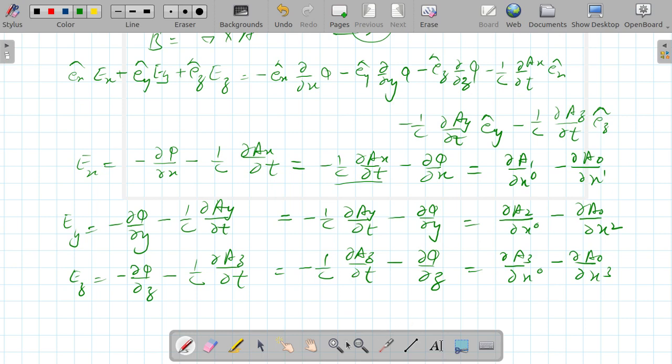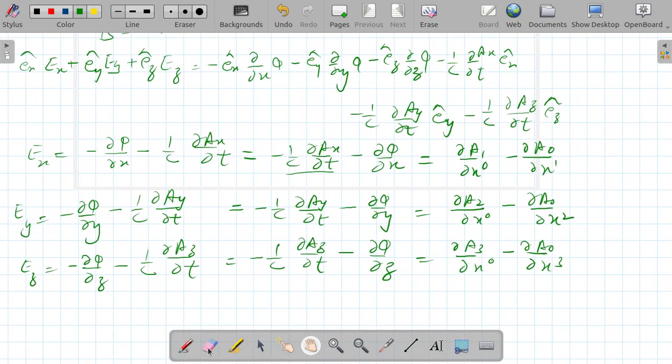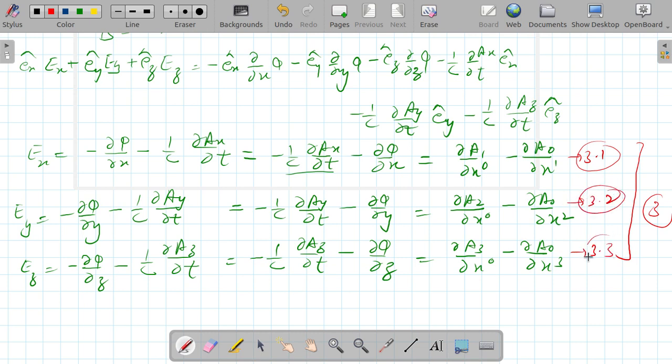So let me call this whole equation 3, and separately this equation is 3.1, this equation is 3.2, and this equation is 3.3.